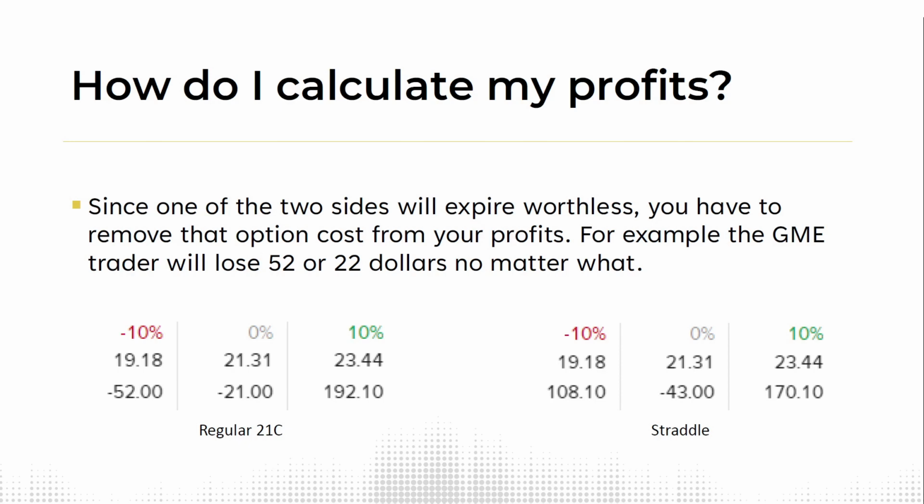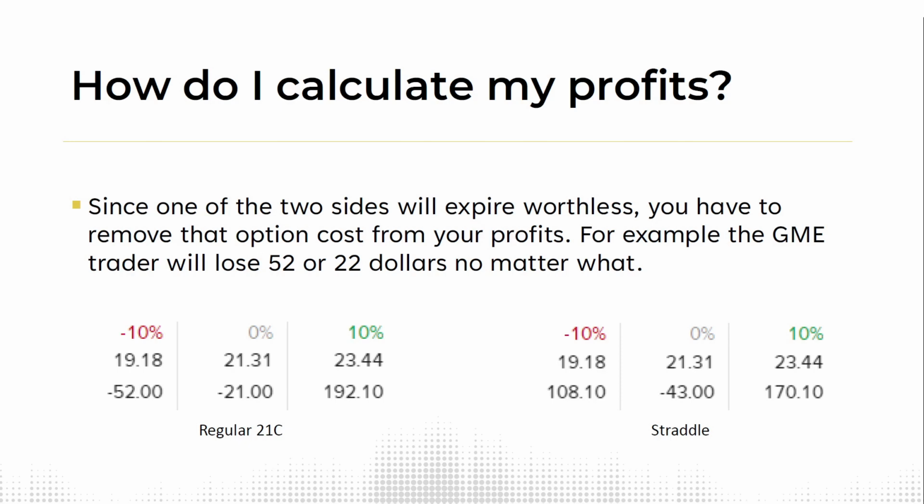So we must prepare that my put or my call will expire worthless. So I remove that side from my profits. I will lose what I paid for the call or the put, no matter what.